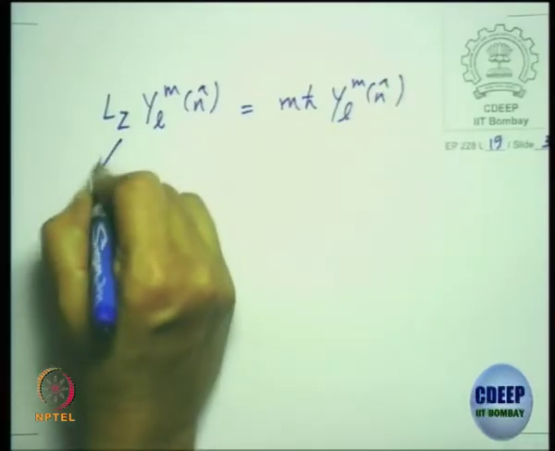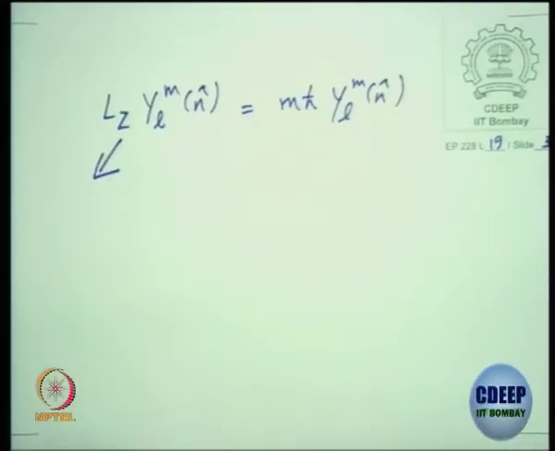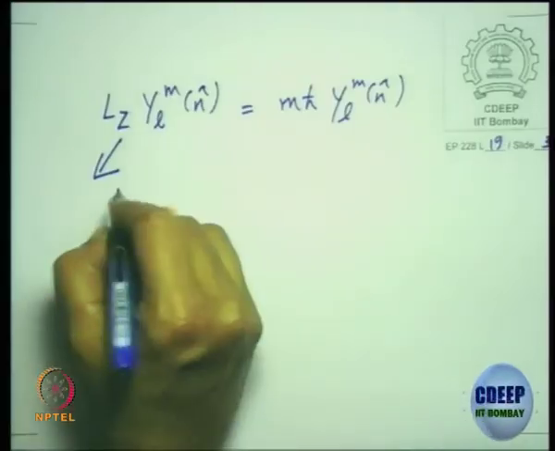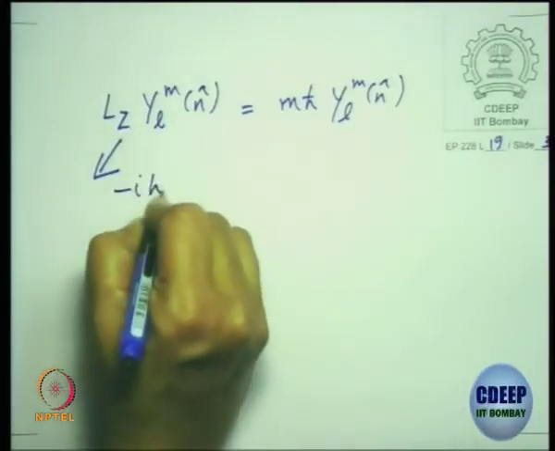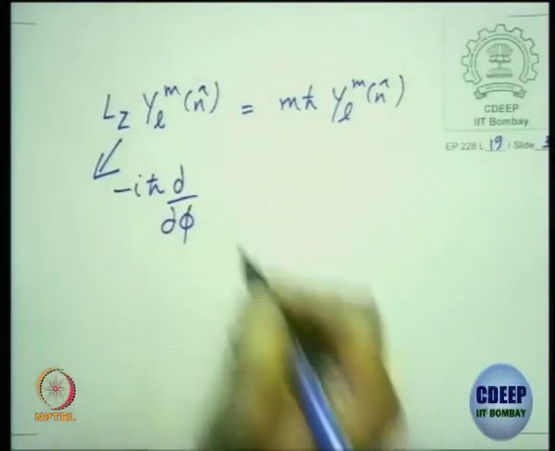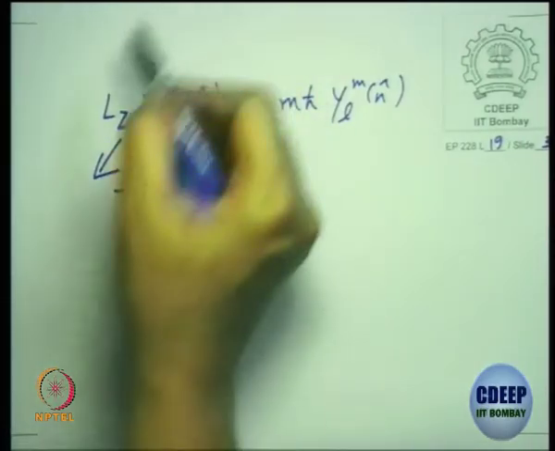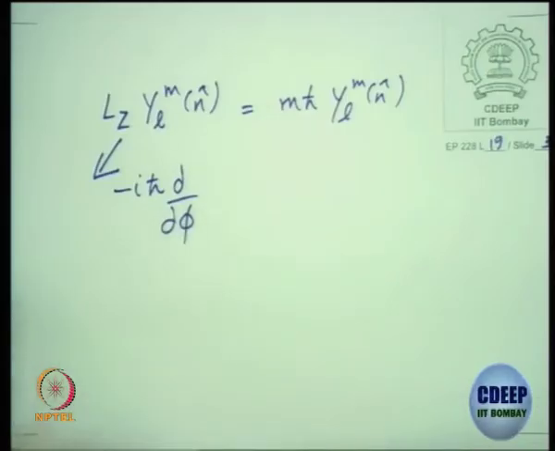And you can give a position representation for Lz, just like we did for the linear momentum, independently. You know what these functions are, and you can find what satisfies this equation, and you can say the position representation of Lz will be del by del phi in spherical polar coordinates. If you do a del by del phi on the spherical harmonics, you will get an m h cross.